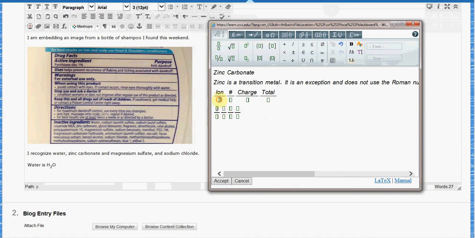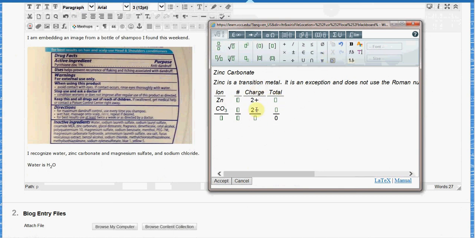Now, here we have zinc, which has a 2+ charge, and we also have carbonate, which has a 2- charge. Move it over so that they are lined up. Now we also know that the total of anything in a compound should be neutral, so that the total positive and total negative charges should be equal to one another.